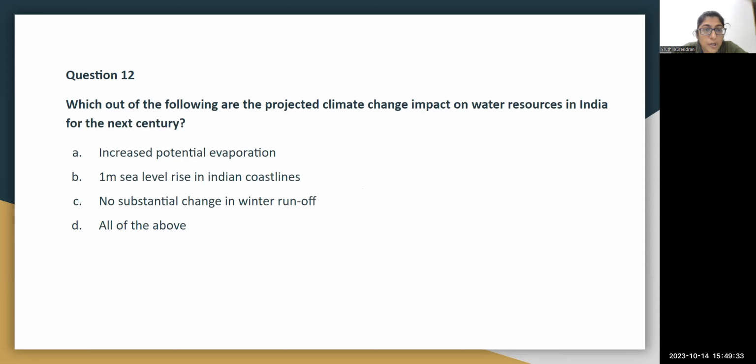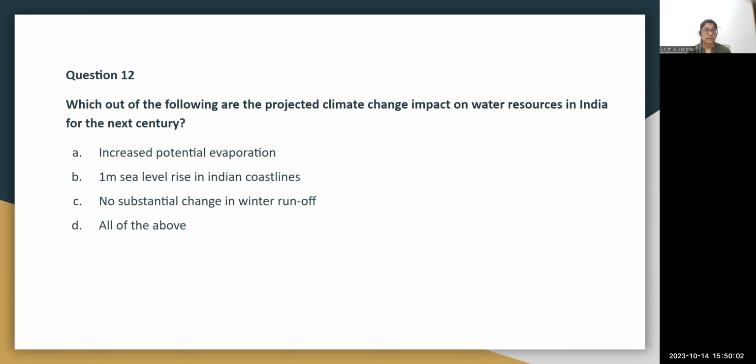Okay, which out of the following are projected climate change impacts on water resources in India for the next century? So in the coming century, what are all the projected climate change impacts that India will have to face as a result of global warming and changes in precipitation?